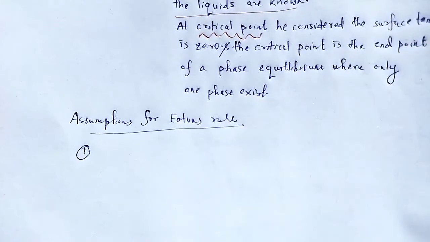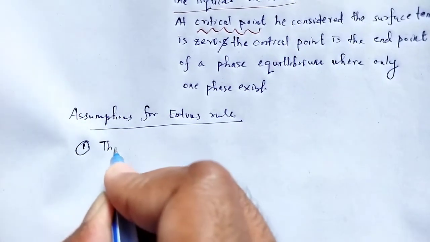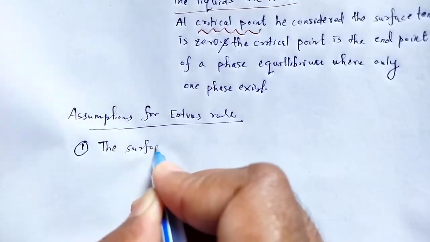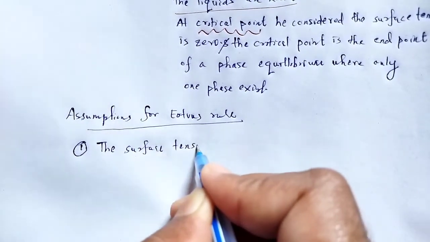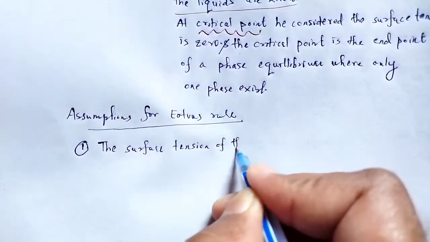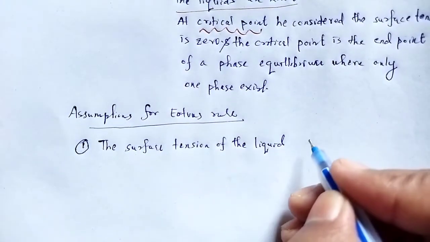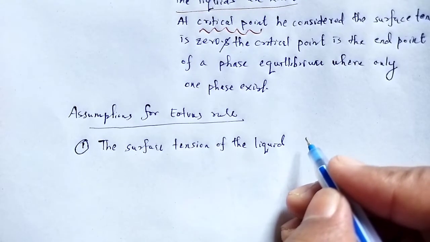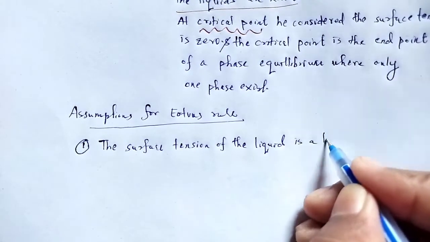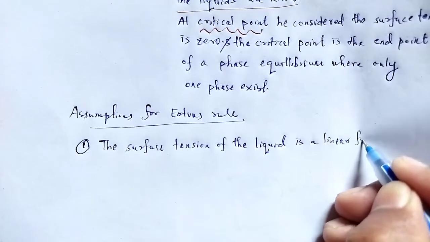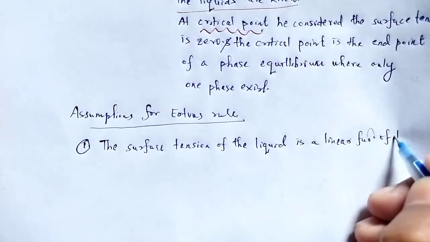the surface tension of a liquid is a linear function of the temperature.